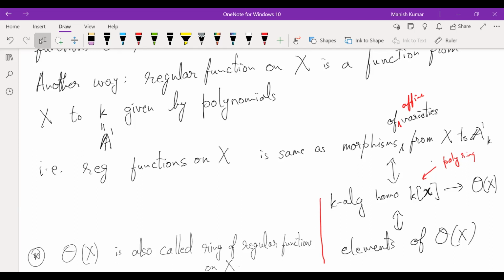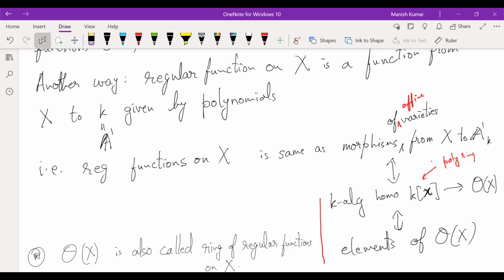So there are many ways of thinking about regular functions: elements of the coordinate ring, or k-algebra homomorphisms from k[x] to O_X, or morphisms of affine varieties from X to A^1_k, and so on. Bottom line, it is a function defined by polynomials.